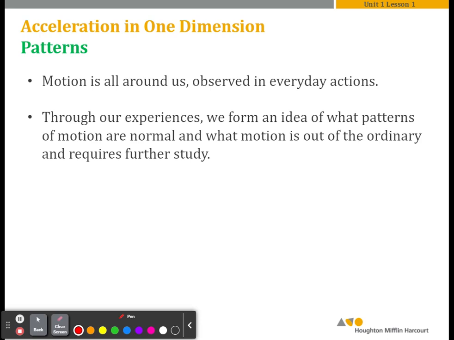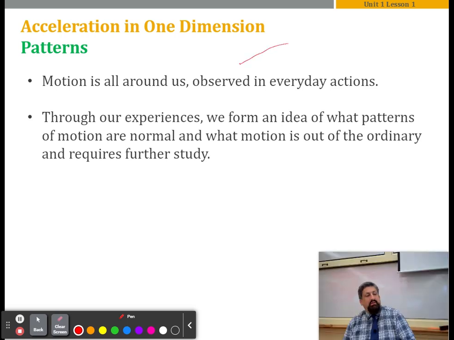If you remember our investigative phenomenon, we saw an example of a ski jumper that traveled through a path like that. Parabolic path is what we called it. Well, the picture that we saw only showed the ski jumper going this far.